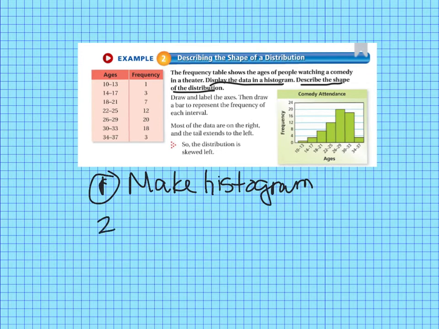And then step 2, we need to look at the shape. So I like to outline it because it really shows that curve. So we need to identify the shape. Let me erase that. It's a little messy. There we go.